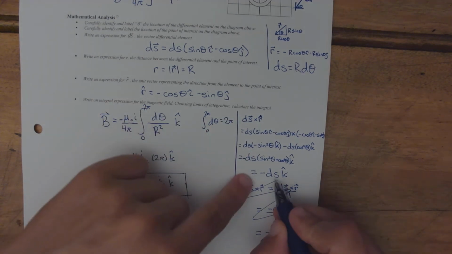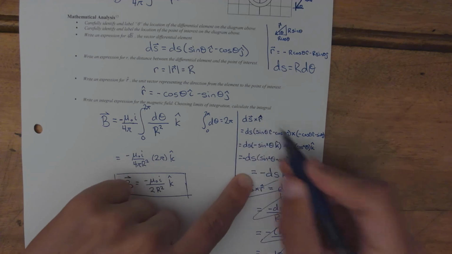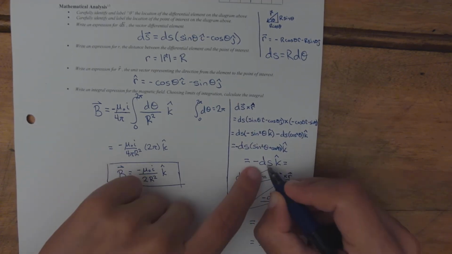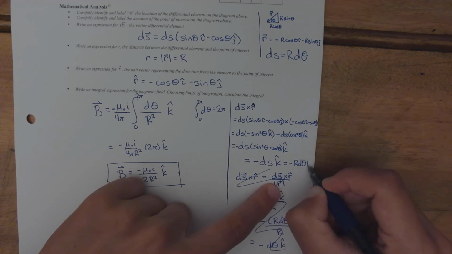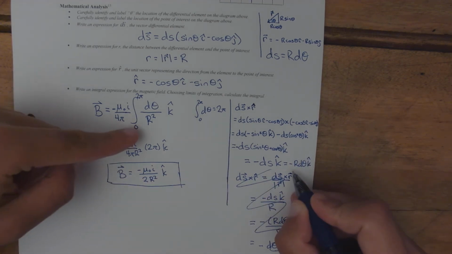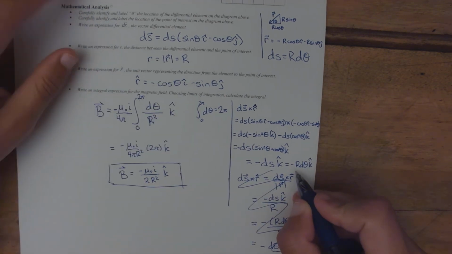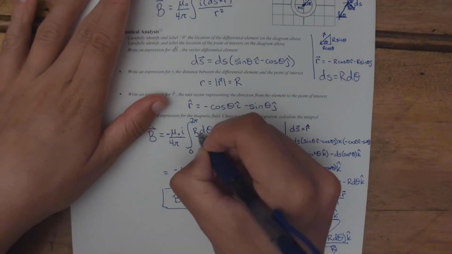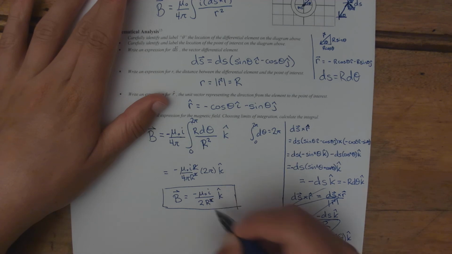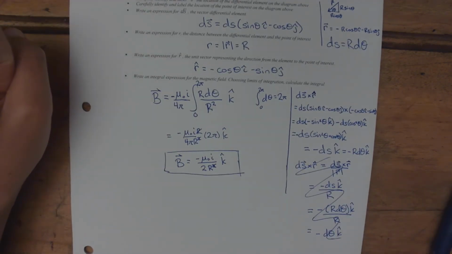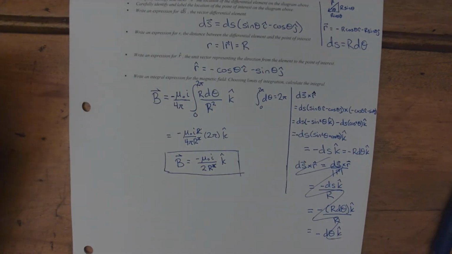Let's just cross that out. This is what you get for ds crossed with r hat, and then you just have to say ds is minus r d theta k hat. So instead of putting in a minus d theta k hat, I should have had an r up here, which would cancel out with one of those r's in the denominator. So that fixes that, and that concludes problem 44.